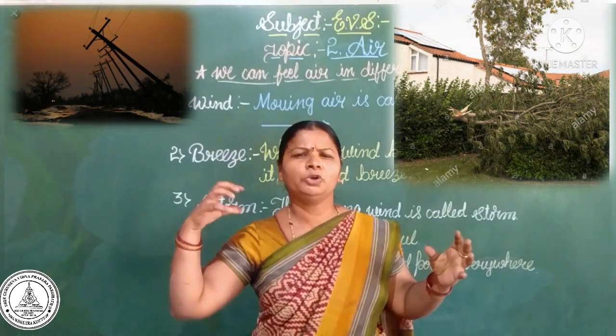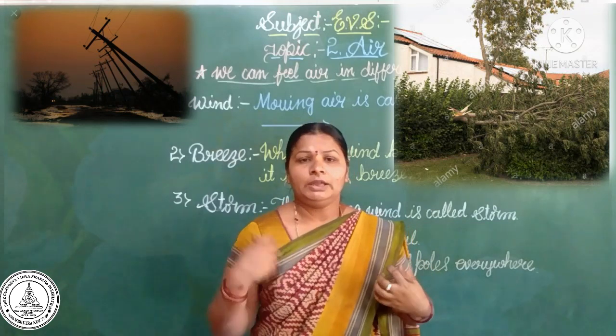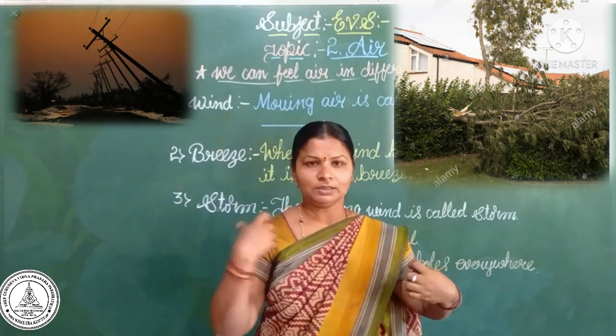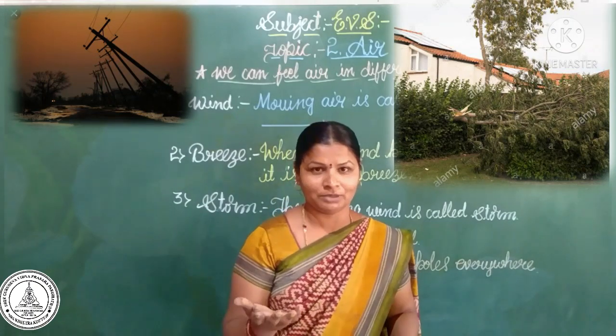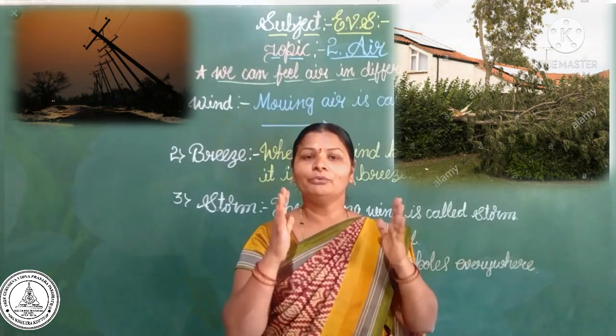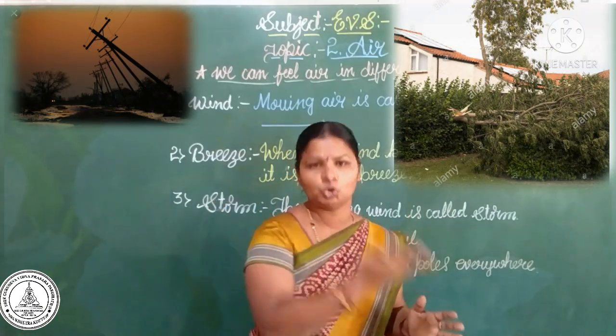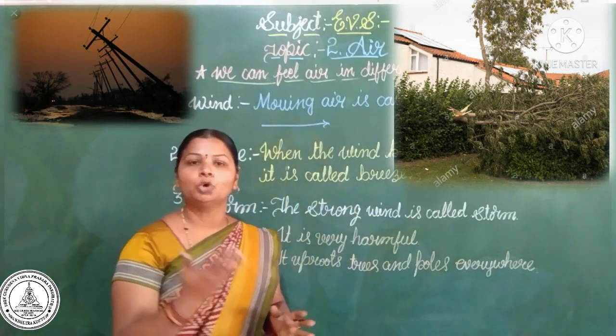The wind is blowing very strongly, but that boy sprays that perfume, right? So that perfume smell is not going. Now you remember? So when the wind blows strongly, at that time it uproots the trees and poles everywhere.